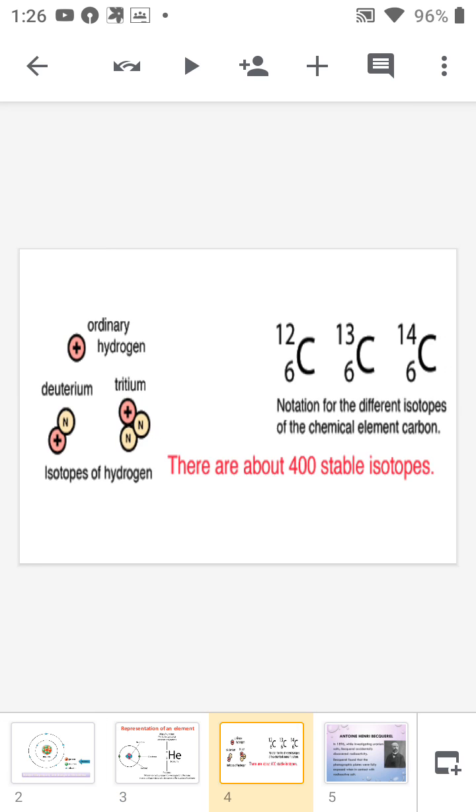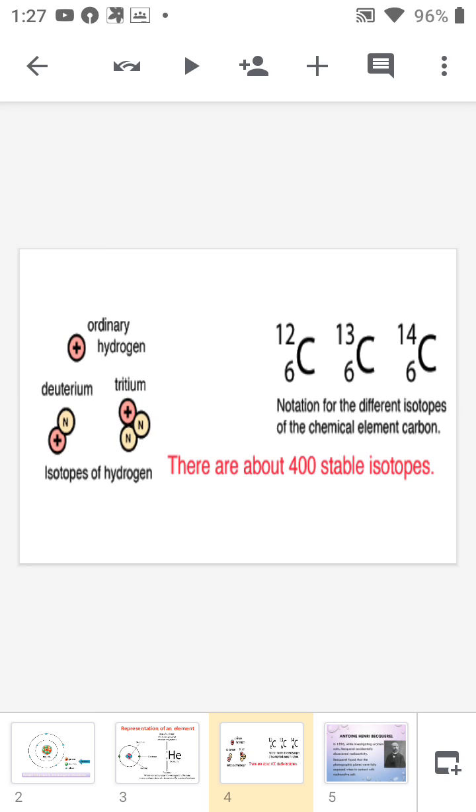Now we know that isotopes have the same atomic number, but the only difference is in the mass number. So here on the left hand side I show some of the isotopes of hydrogen. The first one is the ordinary hydrogen. The atomic number is 1. That means it contains only one proton having a positive charge.